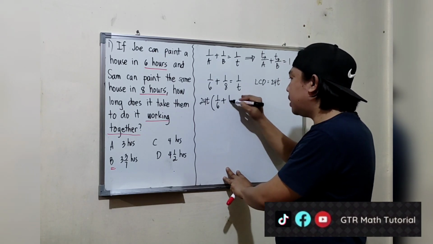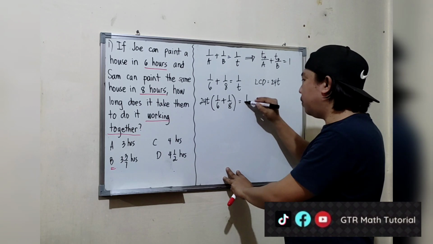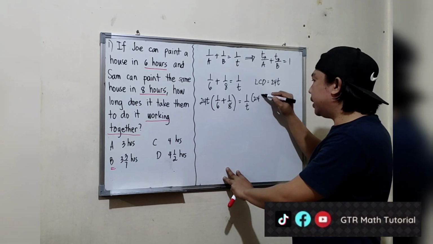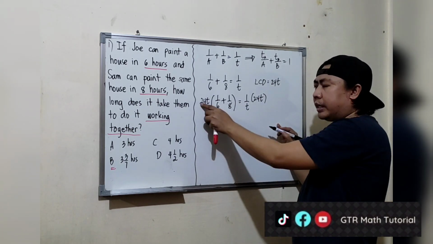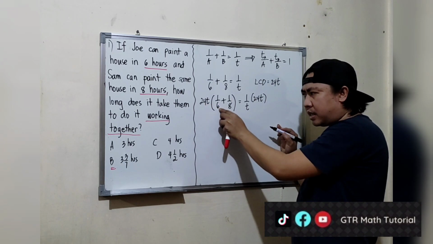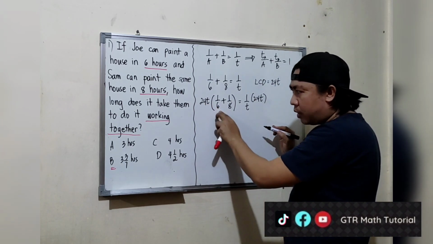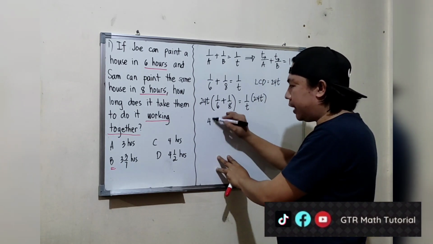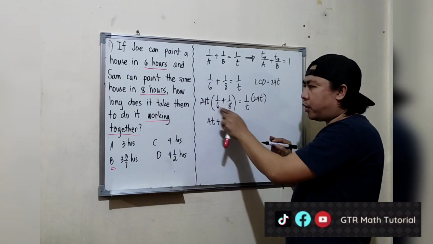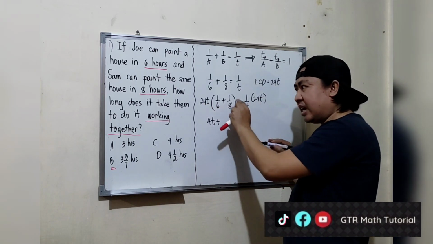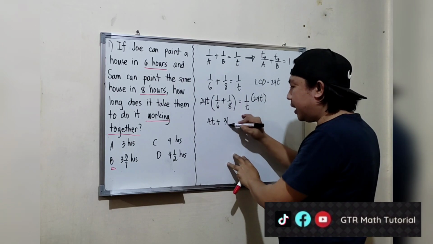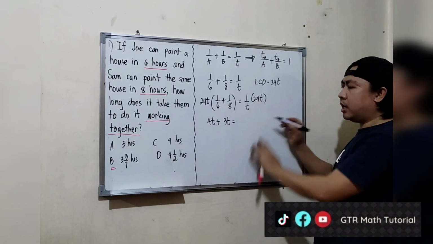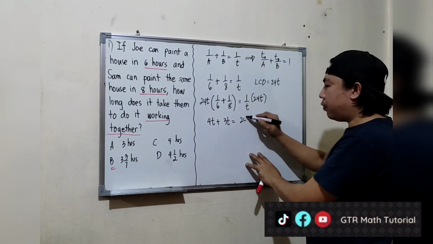So, we have 1 over 6 plus 1 over 8 equals 1 over T times 24T. Okay, so 24, i-divide muna natin. 24 divided by 6. So that is equal to 4 times T. So we have 4T plus 24 divided by 8. So that is 3 times 1. So we have 3 is equal to cancel out T. So 24 times 1, we have 24.